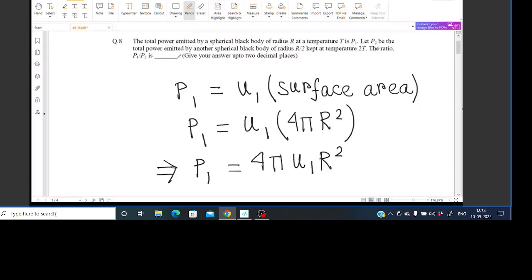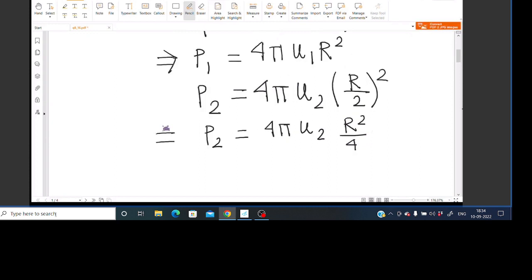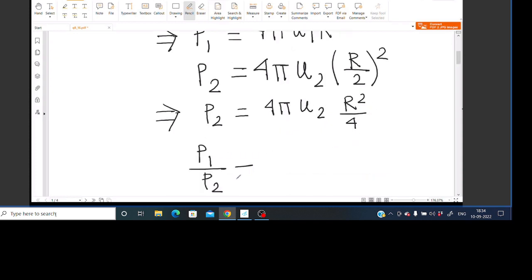P2 is the total power emitted by another spherical black body of radius r by 2. So P2 equal to 4 pi U2 into r by 2 square. Thus P2 equal to 4 pi U2 r square by 4. So P1 by P2 equal to 4 U1 by U2.